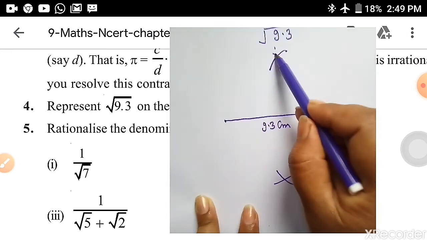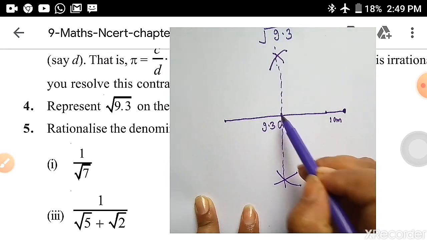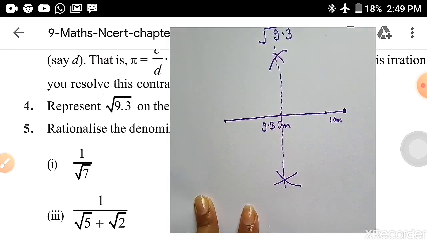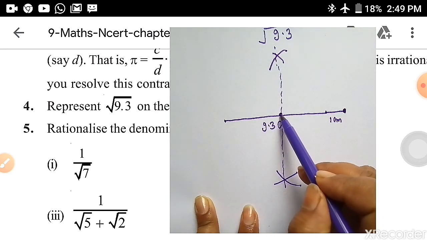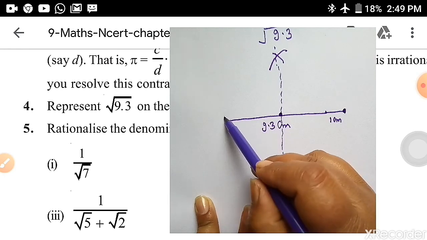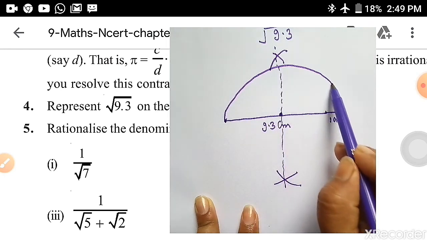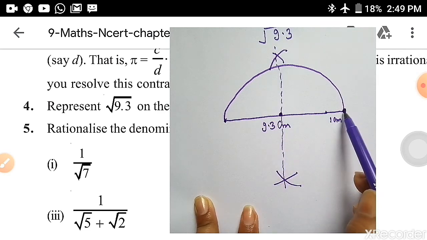Now you will join these two points and you will get the bisecting line of the whole line. Now you will put your compass here and your pencil here, and take an arc like this, and this arc will meet the line at this point. If your construction is correct, it must meet at that point.